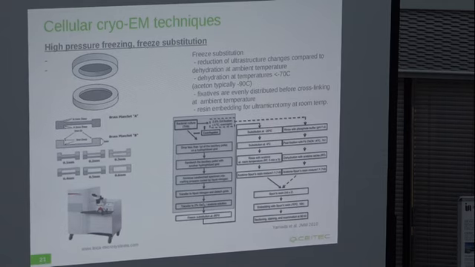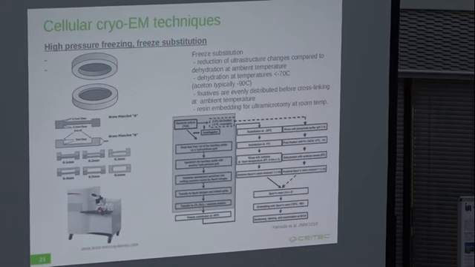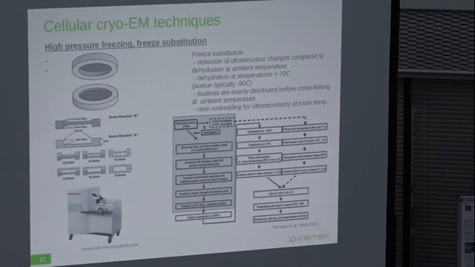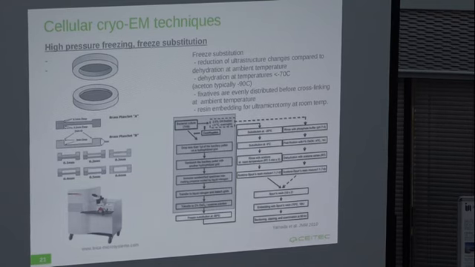As an alternative approach and combination that improves the issues that have been discussed for the block face techniques, high pressure freezing is very often coupled with freeze substitution, where the sample is first frozen using a high pressure freezer, but then the water is replaced by a mixture of acetone with the fixative and the contrasting agents at temperatures just below minus 100 degrees Celsius for a certain period of time.